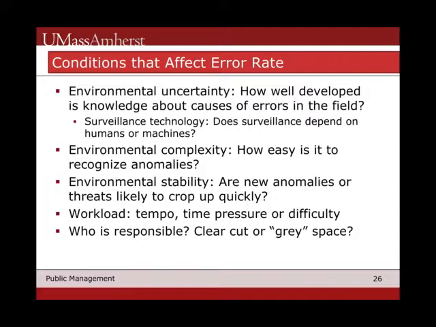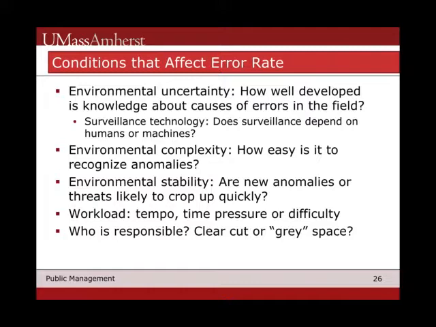And also maybe the environment in some cases is quite complex, in other cases it's relatively low complexity. So environment is clearly a big feature, and three different aspects of the environment are very critical to understanding error rate and how in particular we can recognize and respond to anomalies.